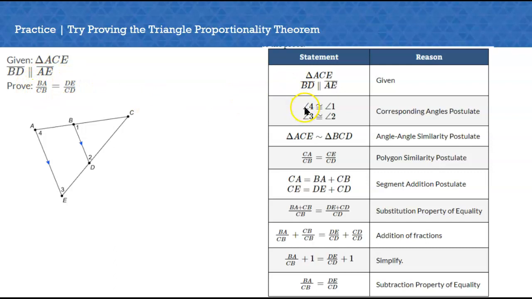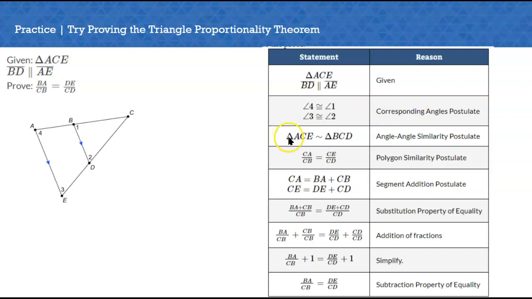So we say that angle 4 is equal to angle 1 and angle 3 is equal to angle 2. And the reason that we can say that this is true is because each one of those angles is a corresponding angle. And this is a postulate, so it doesn't have to be proven. Corresponding angles are congruent because I said so, or because math person said so.